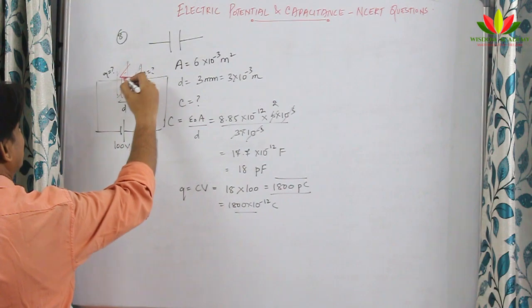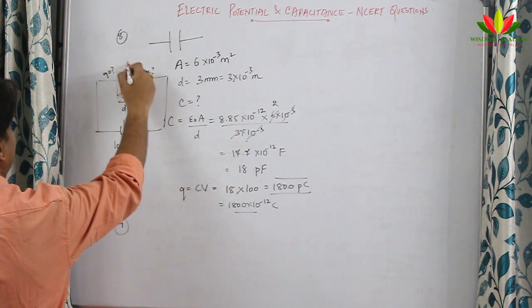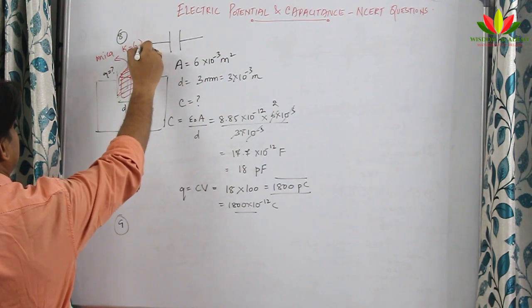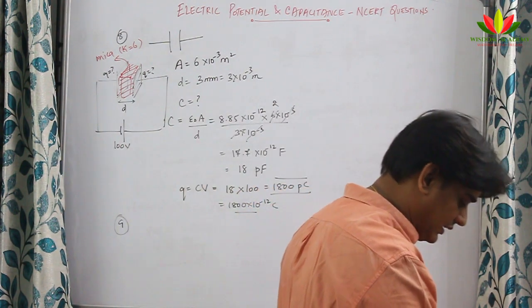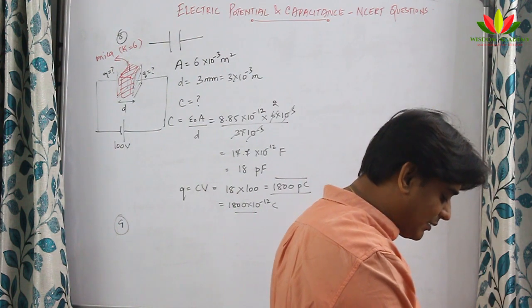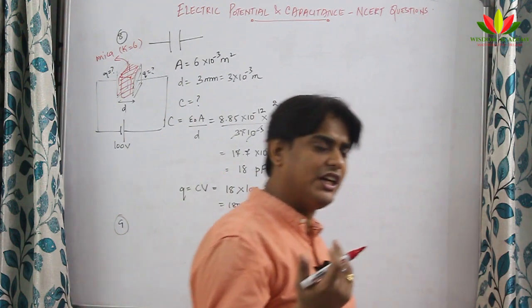So I am putting here dielectric material, that is mica. So this mica I am putting, and this has a dielectric constant of 6 they have given. Is it 6? K is equal to 6, yeah. They are asking what will happen if the voltage supply remains connected. They are asking you to find how will the capacitance change and how will the charge change.